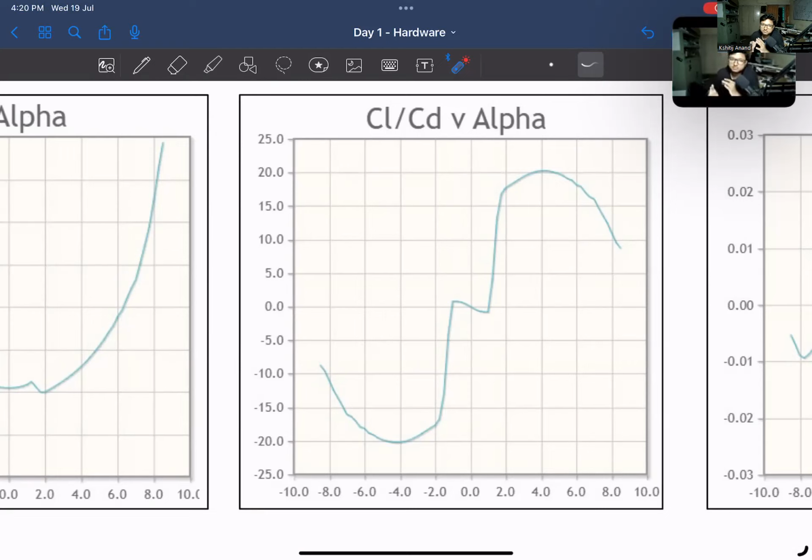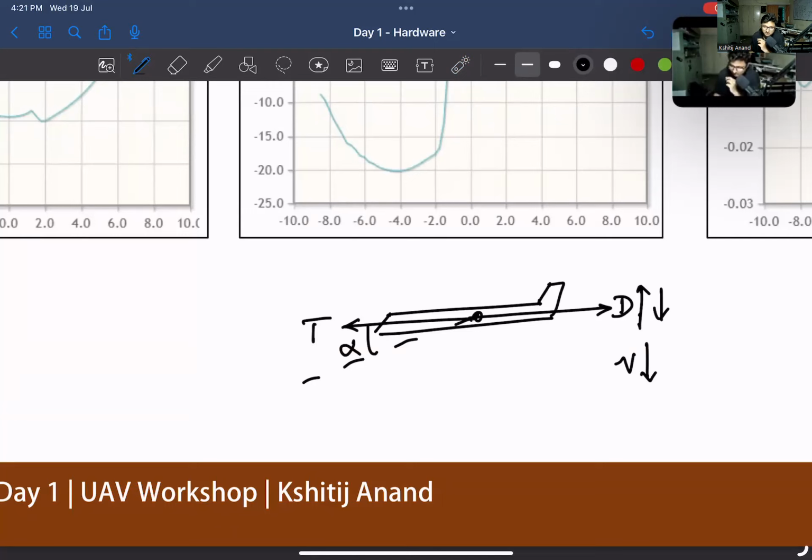If the drag becomes greater than thrust, the velocity of the aircraft will reduce. But because drag is a direct function of velocity, the drag will also reduce momentarily. Then, because thrust is greater than drag, what is going to happen?